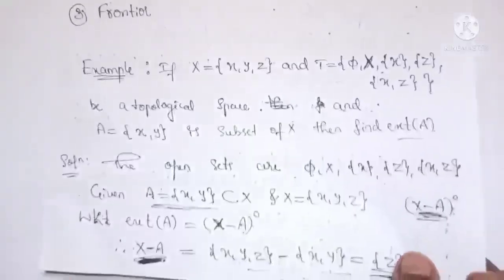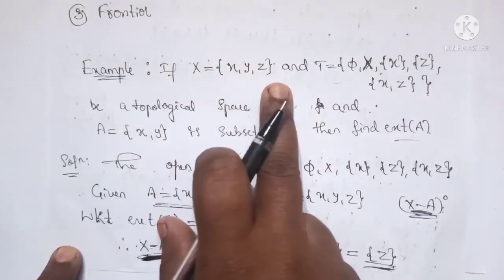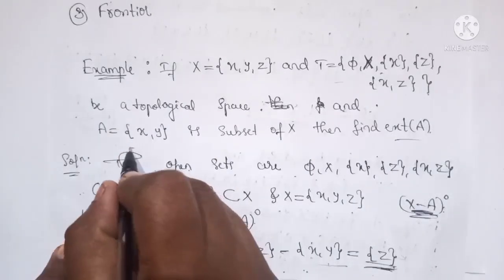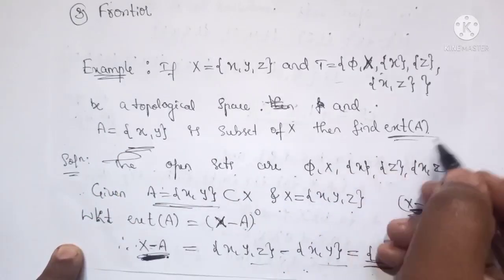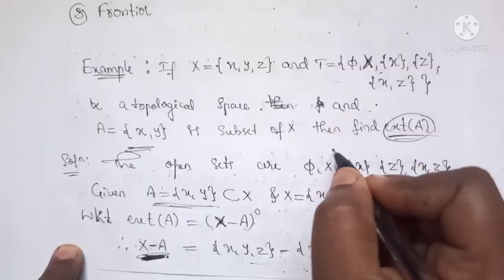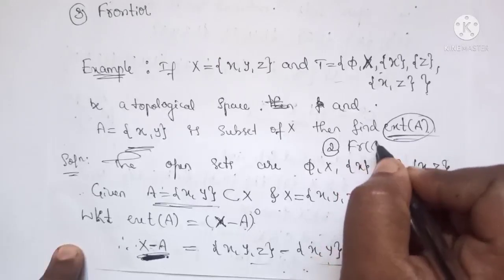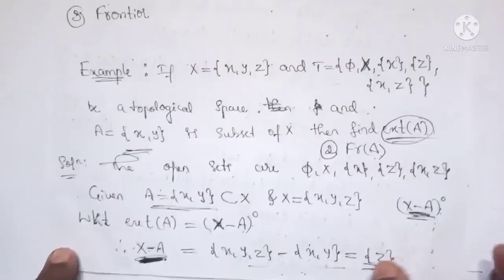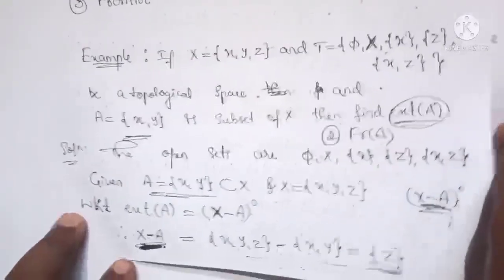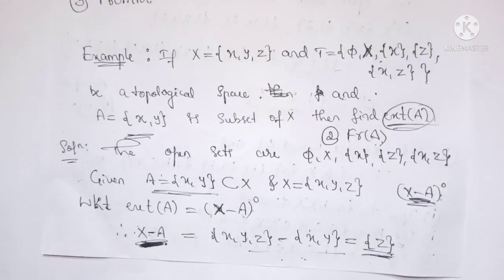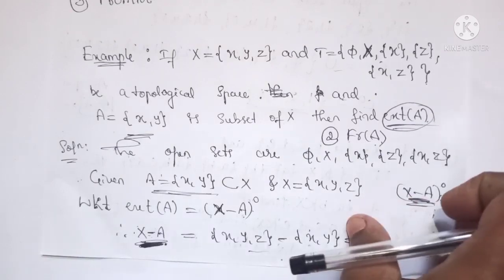If X is equal to this one and A is equal to {x, y}, then along with the exterior, we write one more: find frontier of this A. So with this example only we find the frontier of A. Okay, so frontier is different and exterior is different.